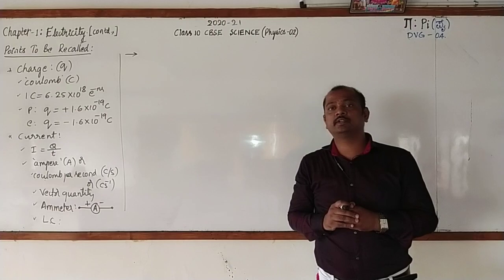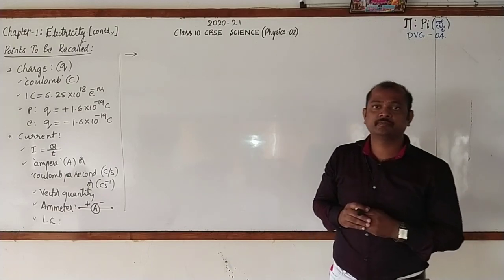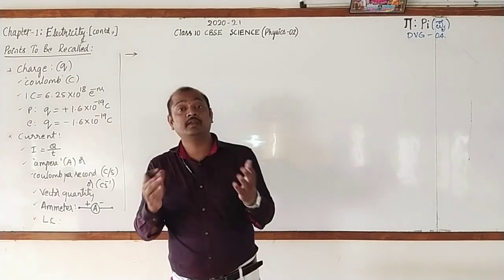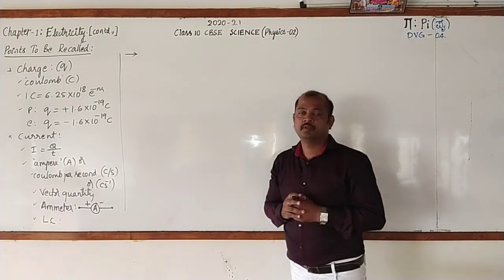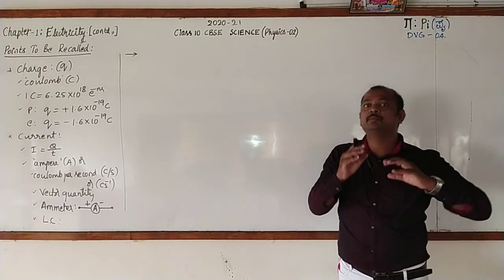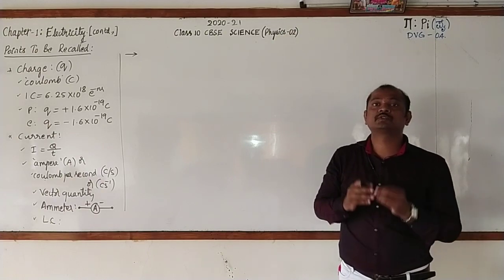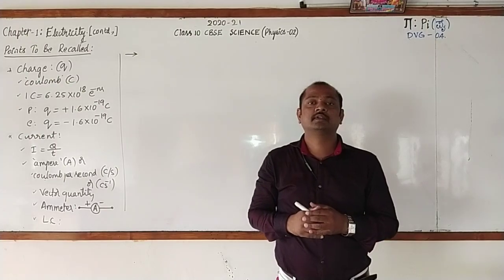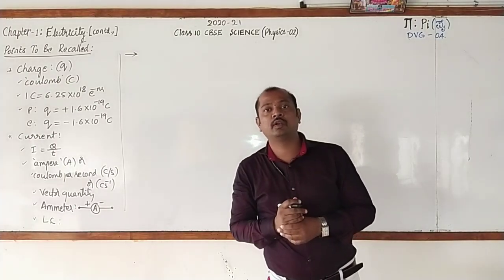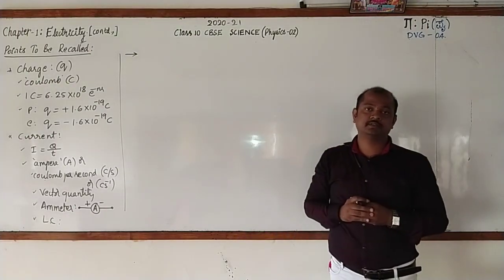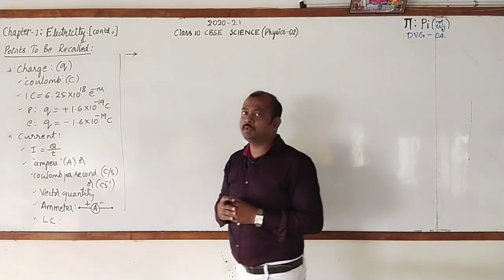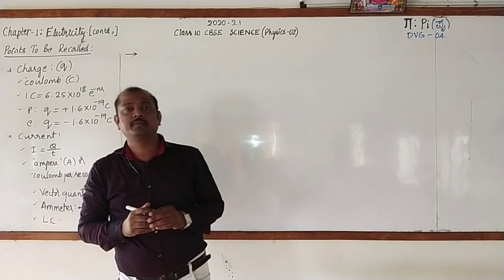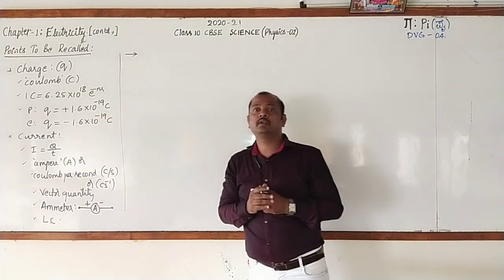Examples for insulators are plastic, rubber, wood, glass, etc. There are some more types of materials whose conductivity lies between conductors and insulators. Such materials are called semiconductors. Examples for semiconductors are silicon, germanium, bismuth, boron and so on.